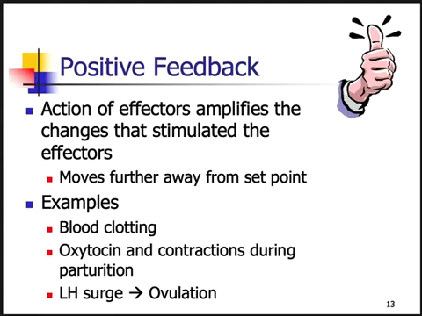Same thing with childbirth, you will return to homeostasis because you got the baby out. And same idea with ovulation. Okay, so positive feedback, not usually how we get homeostasis, right? So when you think of homeostasis or maintenance of homeostasis, you should think of negative feedback.